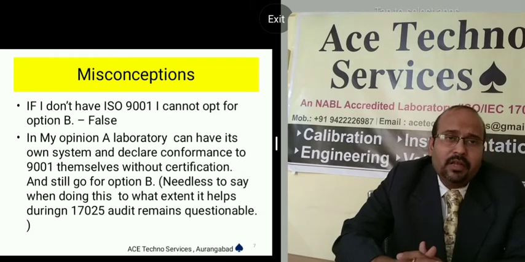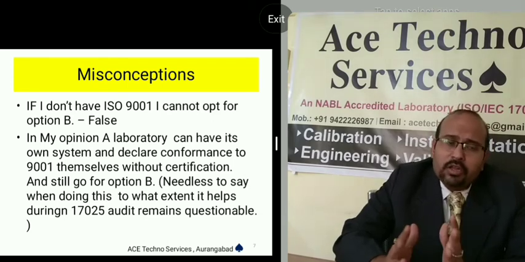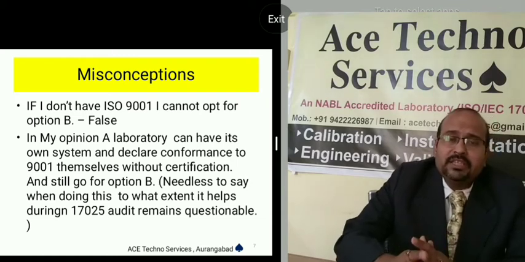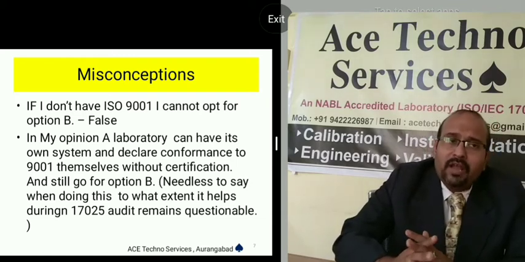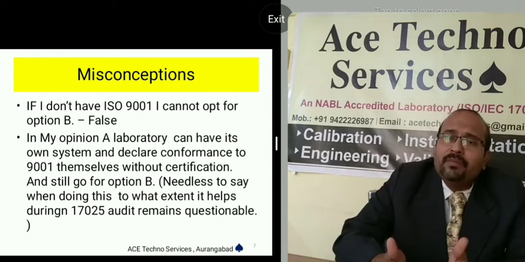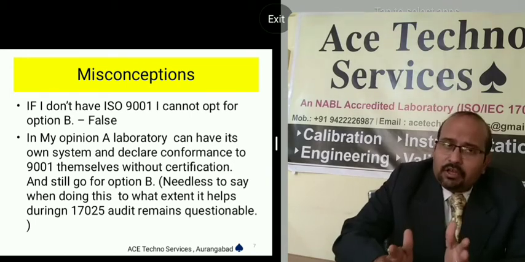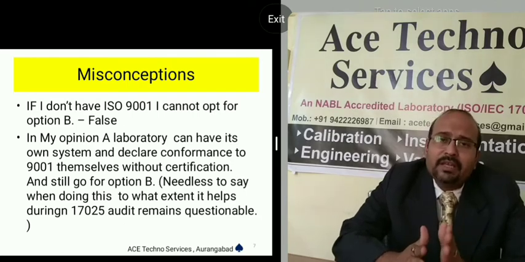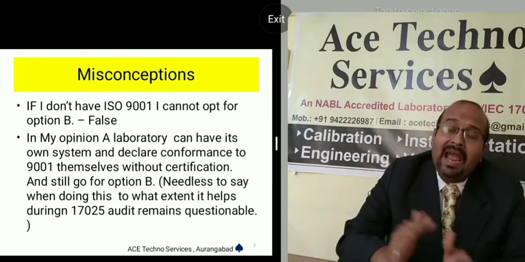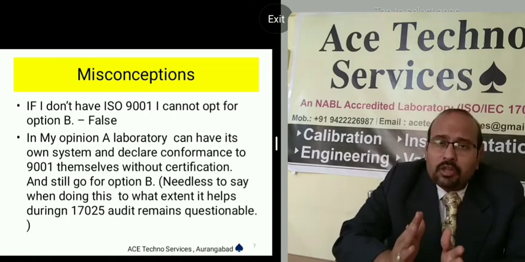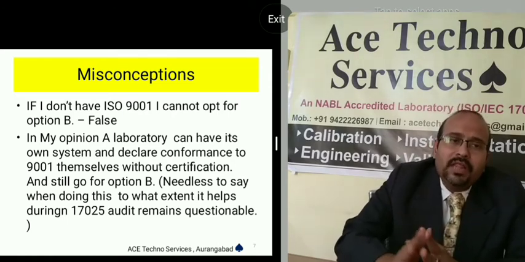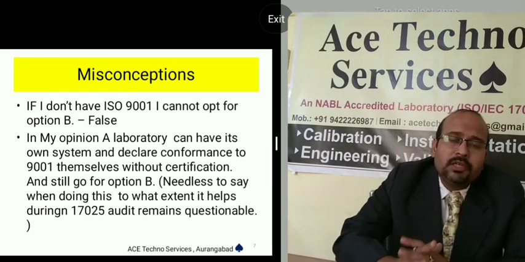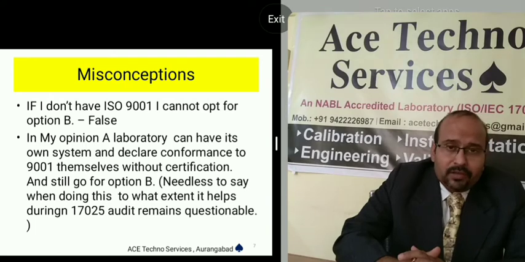If that quality system is satisfying the intent from clause 8.2 to 8.9, even if the laboratory does not have ISO 9001 certification but is implementing the quality management system as per the requirements of ISO 9001 and satisfying the intent of clause 8.2 to 8.9 of 17025, then they can still go for option B. This is my personal interpretation.